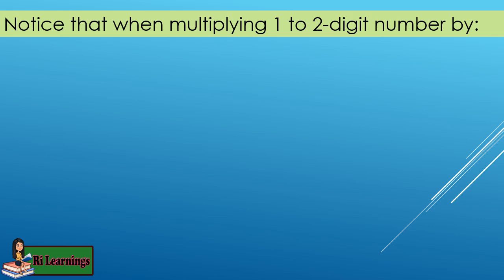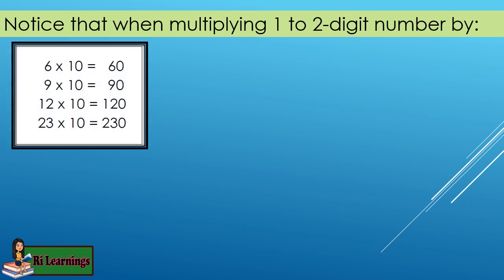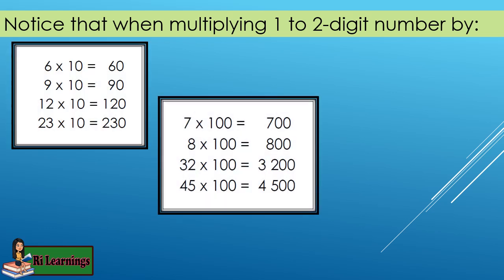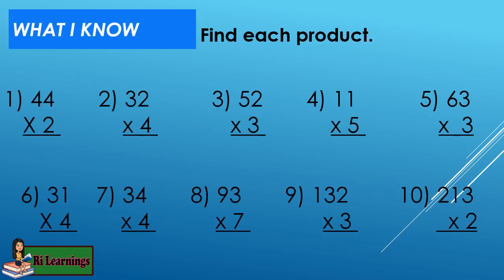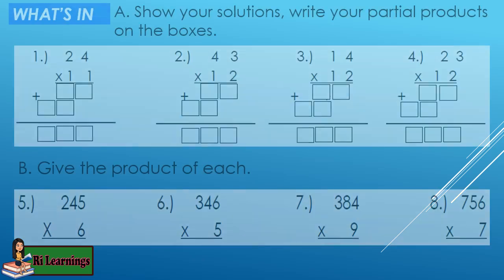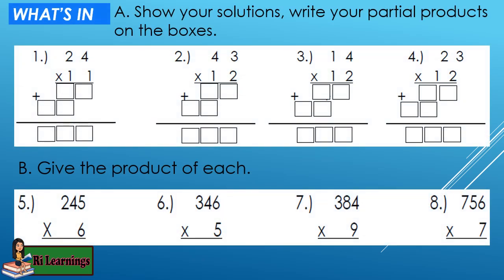Notice that when multiplying 1 to 2-digit number by 10, just add 0 to the number. By 100, just add 2 zeros to the number. By 1000, just add 3 zeros to the number. Find each product. A. Show your solutions.